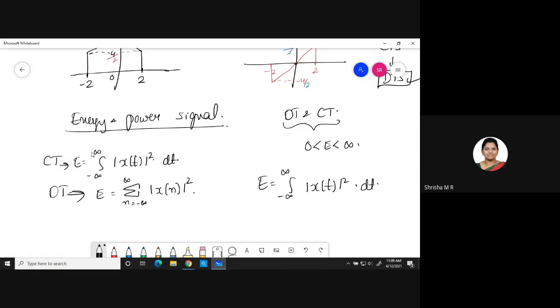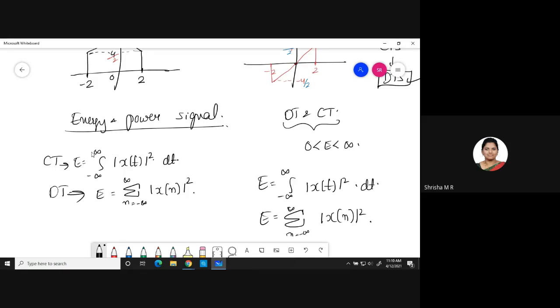Whereas for a discrete time signal, energy is the summation, summing the samples from minus infinity to infinity of the modulus squared. So E is equal to summation n is equal to minus infinity to infinity of modulus of x of n whole square. This is the energy equation.